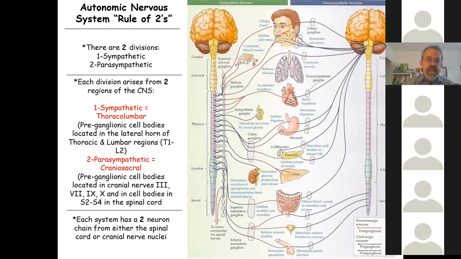Third, each pathway has 2 neurons, right? We have a preganglionic and a postganglionic. So those are the system of 2s. 2 regions, thoracolumbar versus craniosacral, 2 divisions, sympathetic, parasympathetic, and each of those divisions has 2 neurons in their chain.